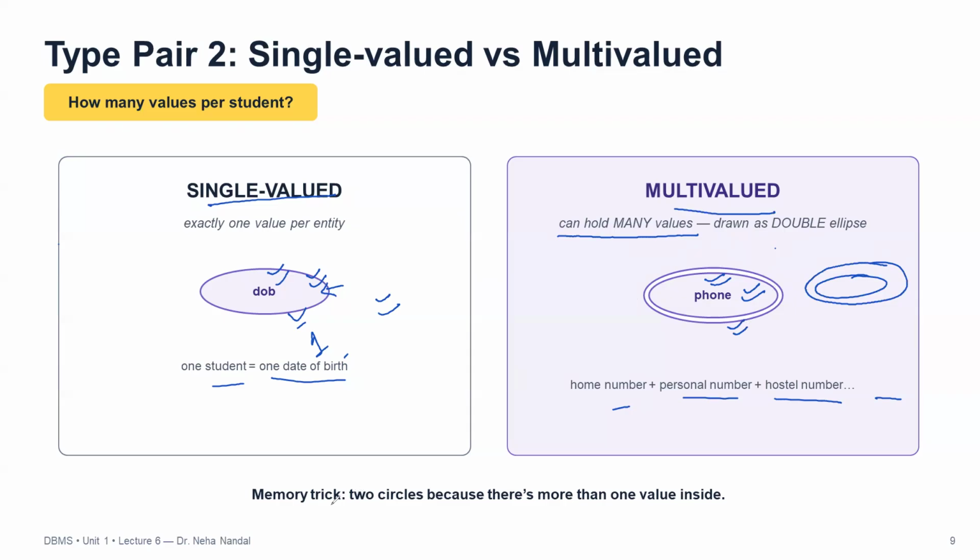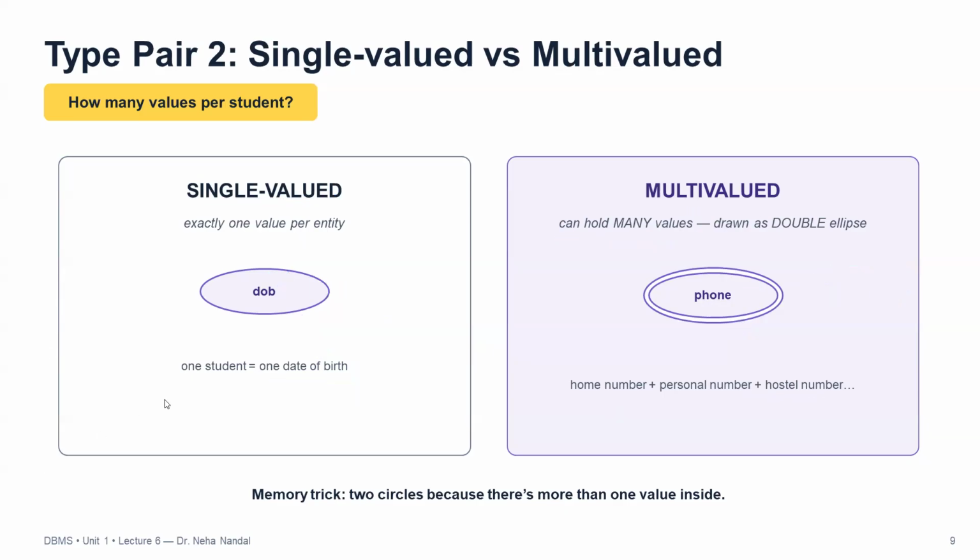So to remember: composite can be further divided, single valued can have only one value, multi-valued can have many values, so it is represented with a double ellipse. I hope you got some idea. Let's go quickly to the next type of attribute.